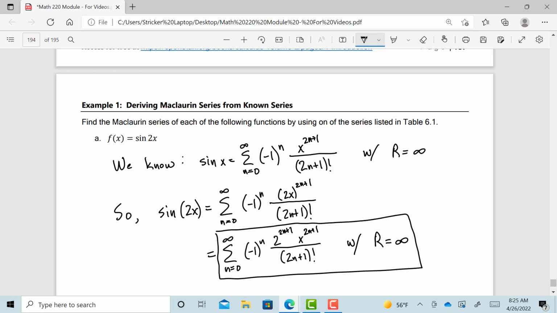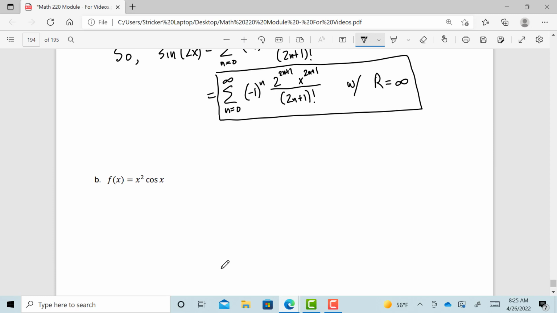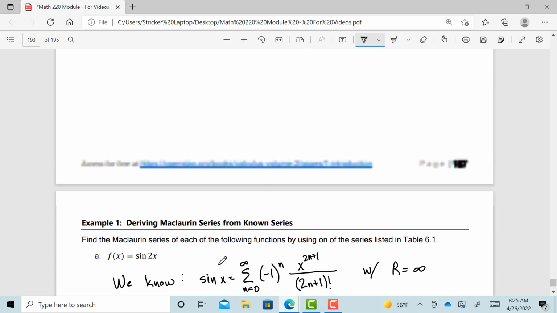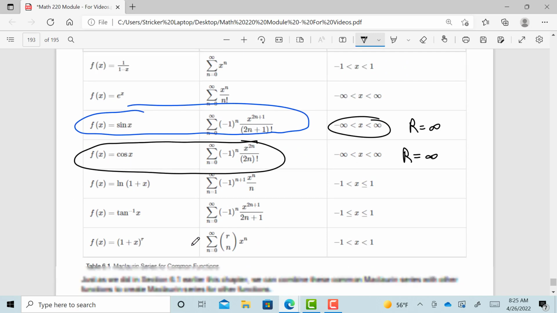Let's do one more. In this one we changed the input, and in the next one we're going to multiply by another function. So we already know cosine x. We know cosine x is negative 1 to the n times x to the 2n over 2n factorial, and still we have an infinite radius of convergence.